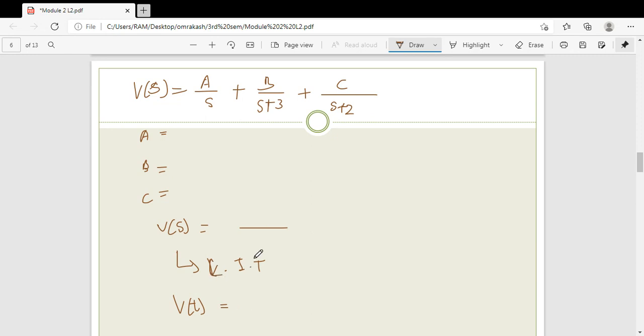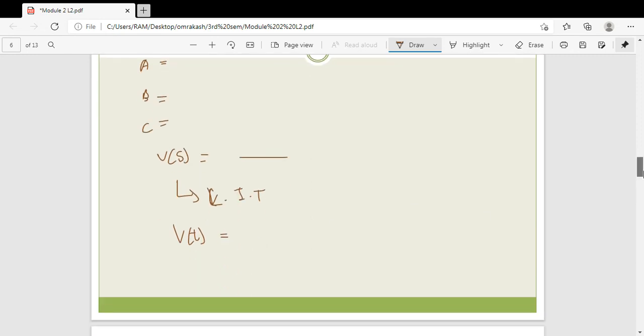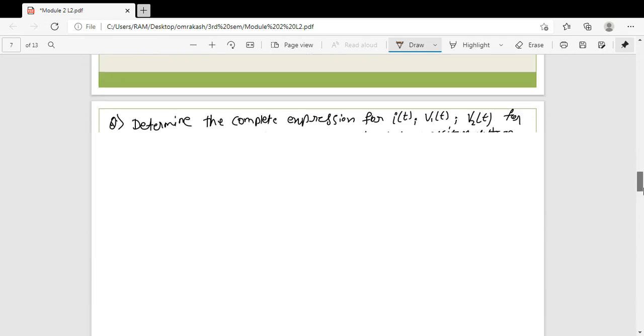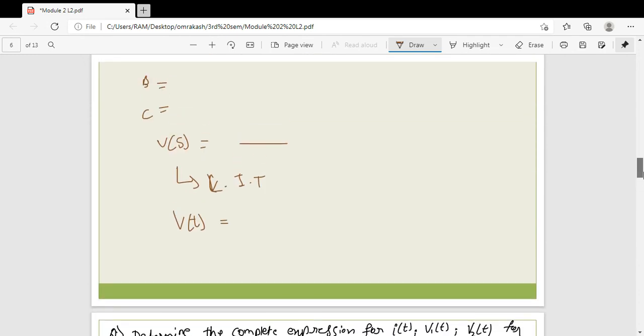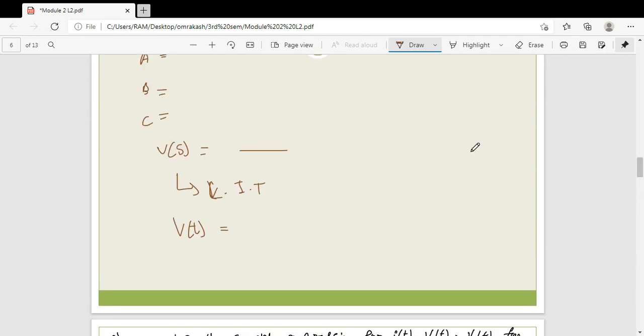So I directly write the final answer here. You need to solve that circuit and verify your answer with this. So you will get 4 by 3 plus 5 by 3 e to the power of minus 3t minus 5 e to the power of minus 2t.